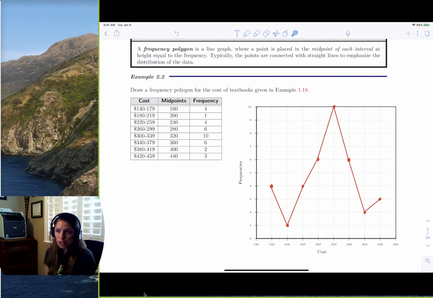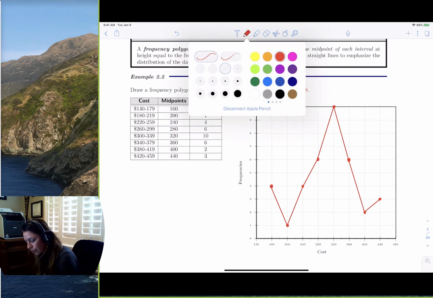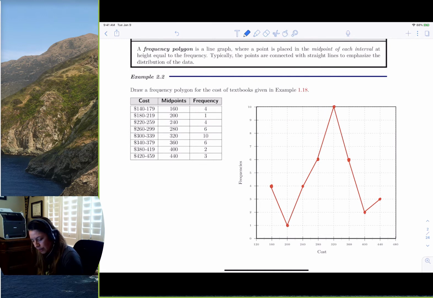So this is what we do in statistics. How we resolve this is we just go ahead and enclose it. We draw a line from the very first point to the origin and then do a zigzag towards the x-axis, and same with the right end point. So let's go ahead and do that, and I'll change the color to maybe blue so we know that it's going to be different.